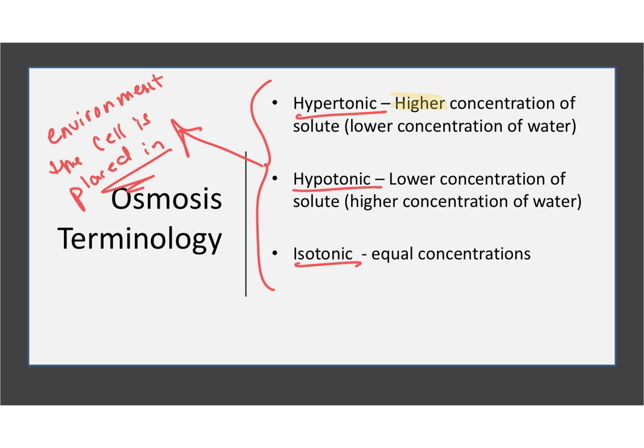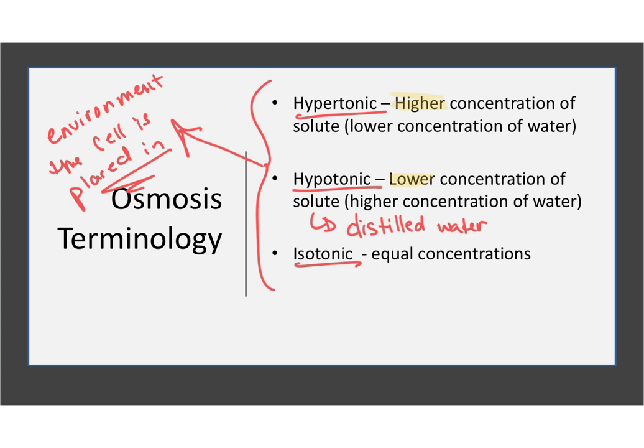Now, hypotonic, hypo means low, right? And so a hypotonic solution is where you have the cell placed in something that doesn't have much stuff dissolved in the water. This is oftentimes what we call distilled water. This is water where every kind of mineral has been taken out of it, whereas regular tap water you get out of the faucet has things like fluoride and chloride mixed into it.